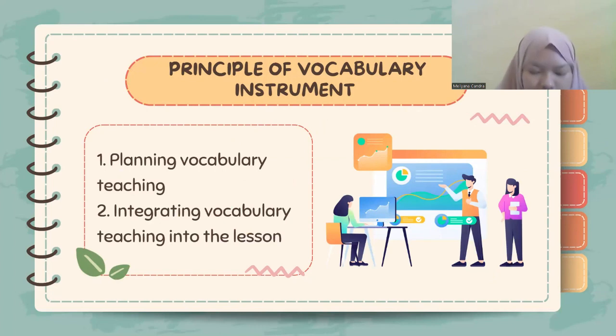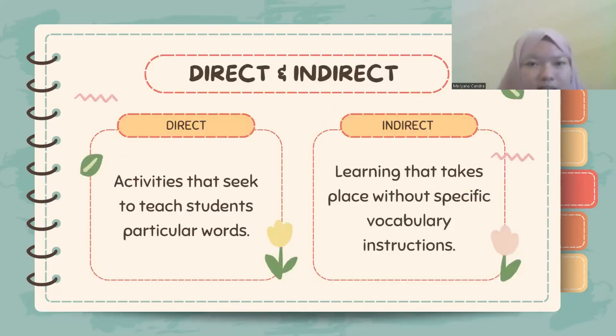Before we teach, make sure we plan the vocabulary teaching, and second, integrate vocabulary teaching into the lesson. There are direct and indirect teaching. Direct teaching is activities that seek to teach students particular words or word groups and help them remember words they have already encountered.